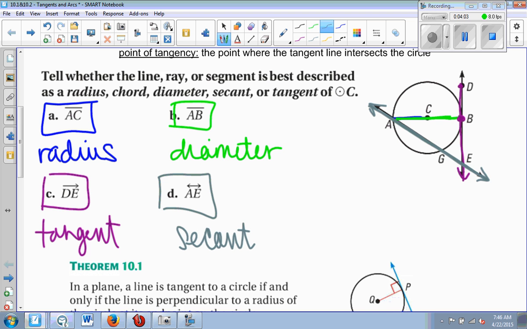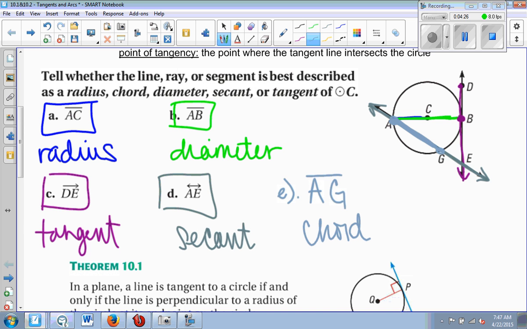This one's not on here, but if I added an extra letter, what if I asked you about line segment AG? Notice I have line segment listed, not line. Since it's a line segment, that means it has these two endpoints at A and G. Since it's a segment, it would actually be called a chord.